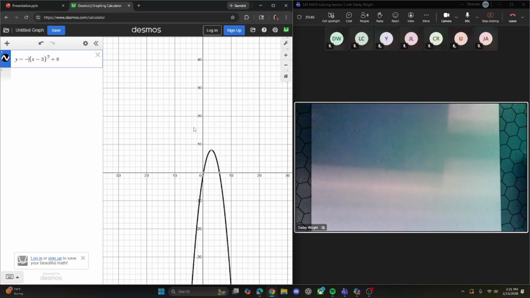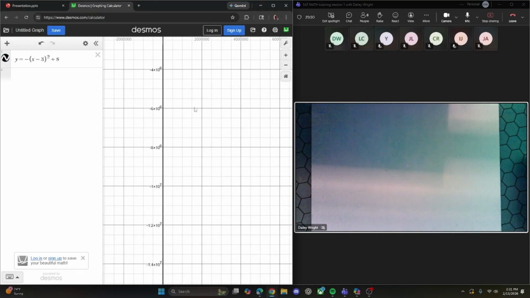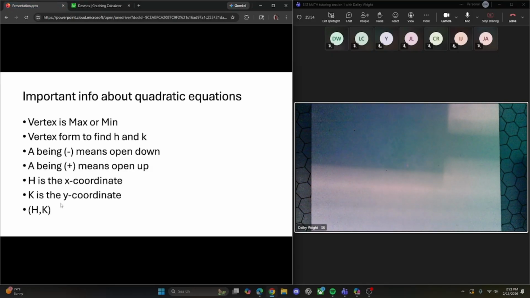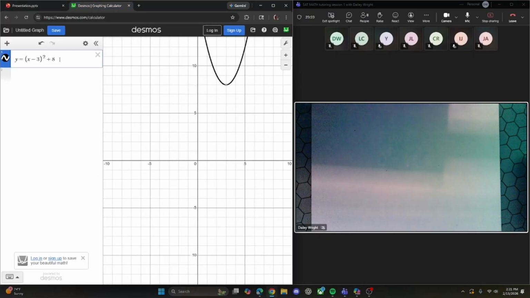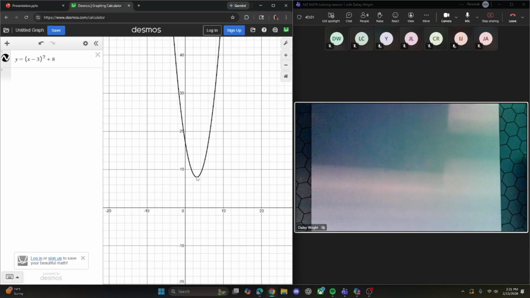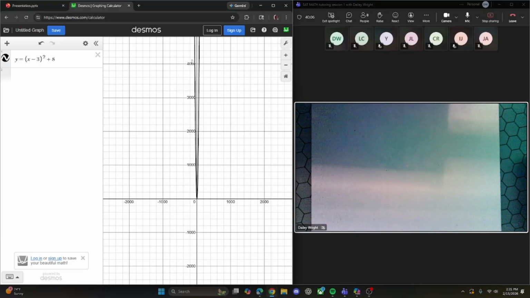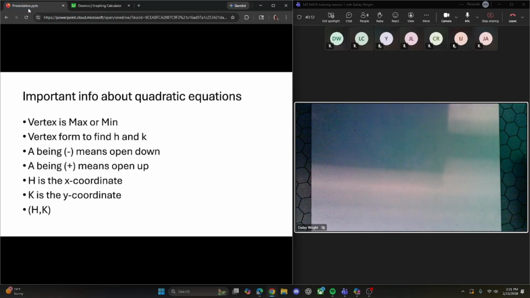There is no minimum to this equation because x goes to infinity, or negative infinity, for both sides. A being positive means the graph itself opens up, so it will look like a U. And again, it's only going to ask you for the minimum. The graph opens up to infinity, so there is no maximum for this graph. And then h is the x coordinate, k is the y coordinate.